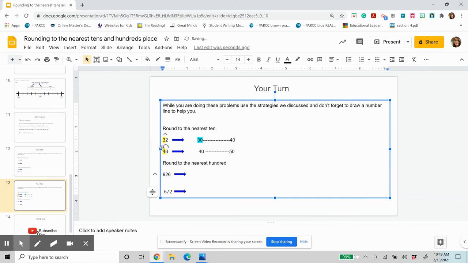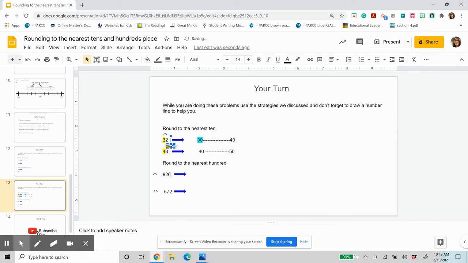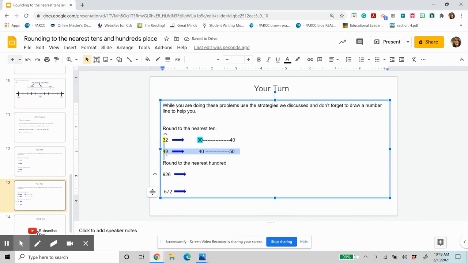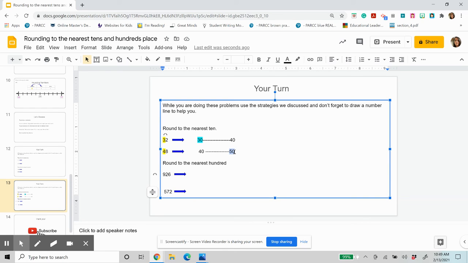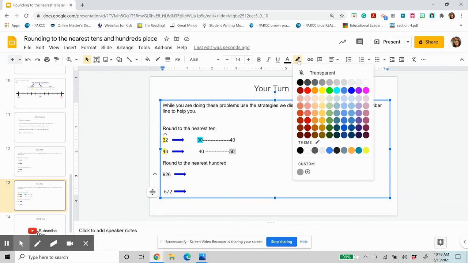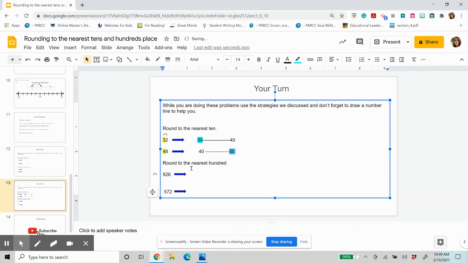Well, hopefully your arrow was nice and drawn out. You're looking at the 8. Okay, so the 8 is your deciding number, right? 8 is larger than 5, right? So you want to go up. So 50 should be your answer. Okay, 48 rounded to the nearest 10 is 50.